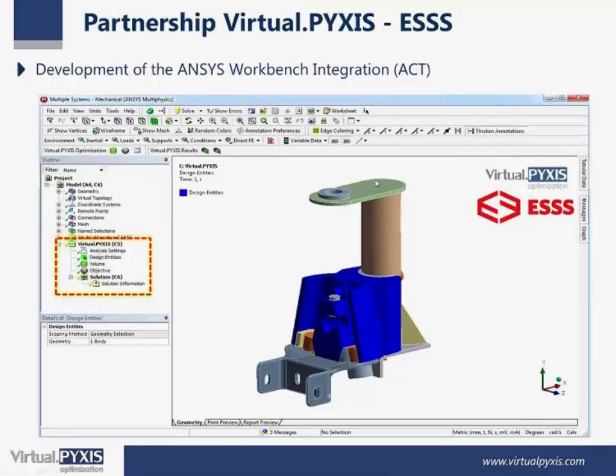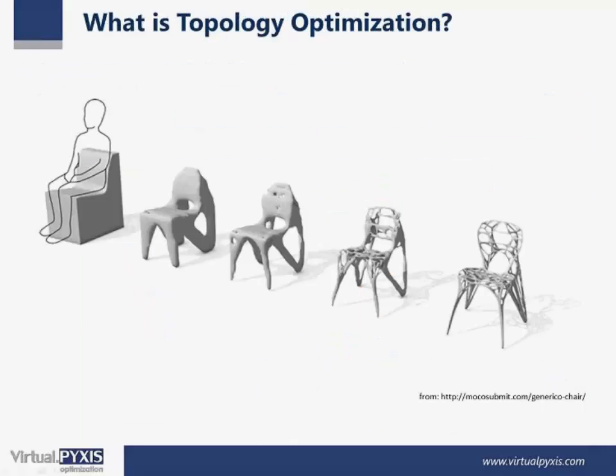And also we are very close to ESSS, which is a company which represents ANSYS in South America, and ESSS is helping us to develop the ACT, the ANSYS Workbench integration inside this ANSYS workflow, as you can see here. So we are working together to have this integration.